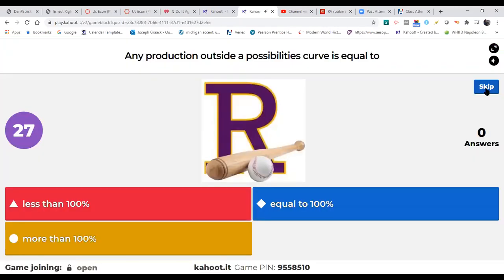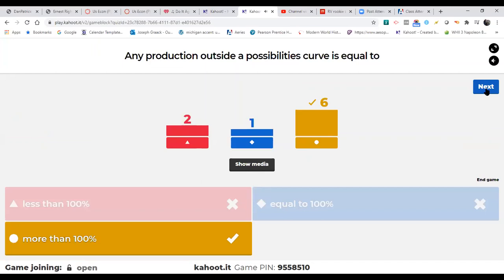This would be point X. More than 100%, right? That area outside the curve is more than 100%.